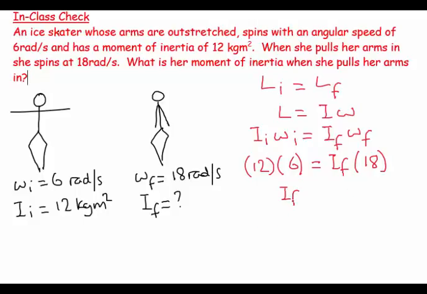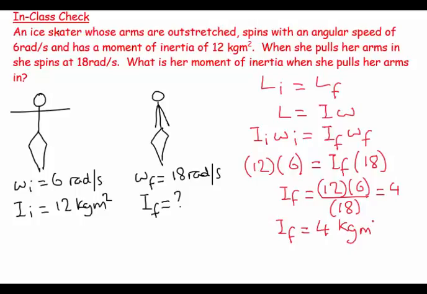So I_F is going to equal 12 times 6 over 18, which basically equals 4. So I_F is equal to 4 kilogram meter squared.